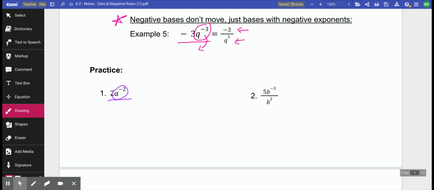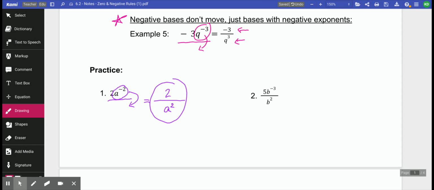What I do with these is if I don't have a fraction bar, I draw one right in. Anything that we see that doesn't have a fraction is always in the top of a fraction. We don't always see the denominator, and that's okay. Now we just have to identify our bases here. We have 2 and we have A. A has a negative exponent, right?